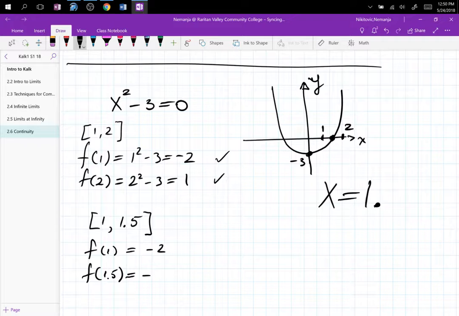You have two negative numbers. 2.25 minus 3 is -0.75, right? So I have to put two minus signs here because both are negative. But because both of these are bad, that means that the solution can't be here. It has to be in the other interval, which is 1.5 to 2. Right? If it's not here, so I'll put, I don't know how to, oh, okay.